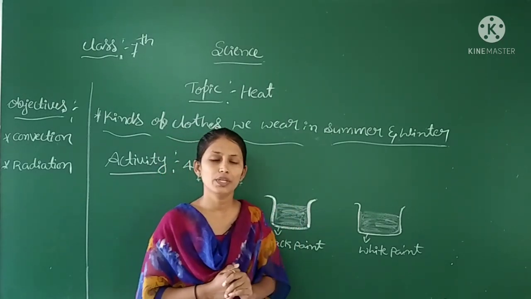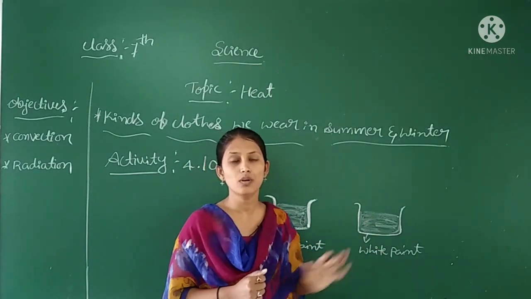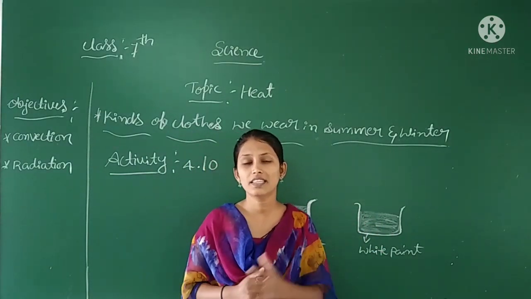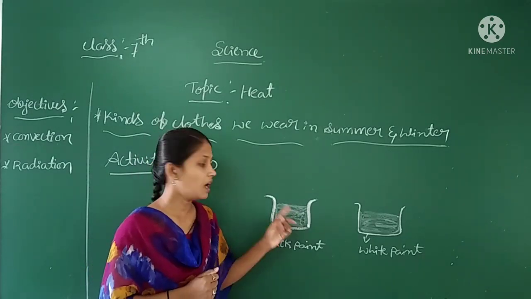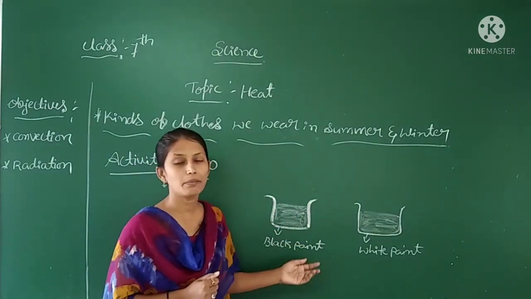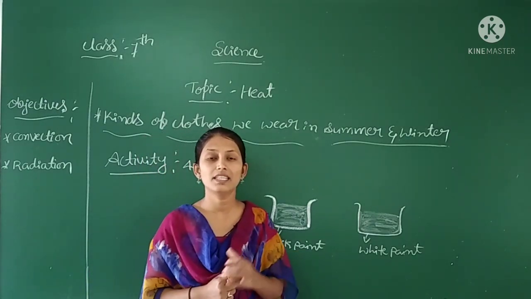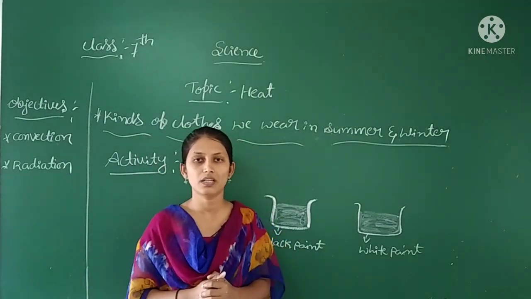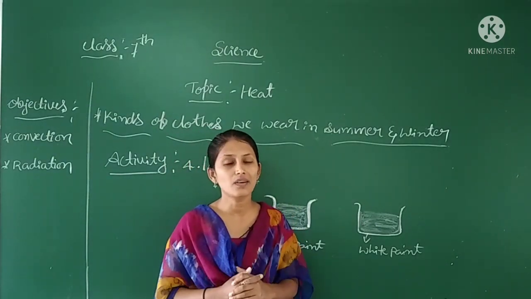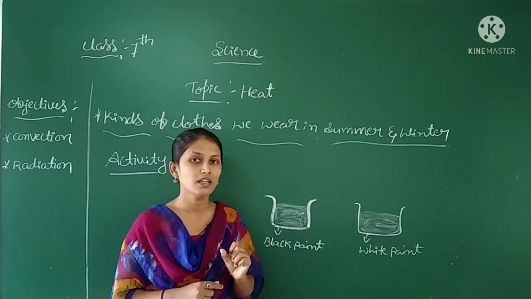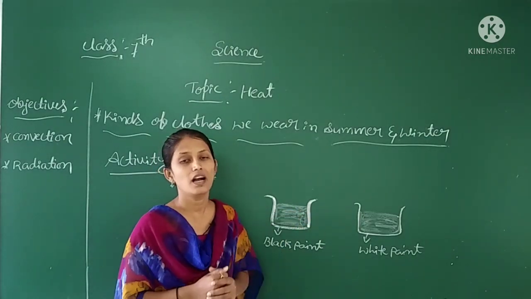Dear children, do you know why there is a temperature variation in these two tin cans? The reason is very simple. Look here. We have covered the outer surface of the tin can with black paint. As we know, black color is a good absorber. Means black color absorbs a lot of heat energy from the sun, so the temperature of this water is high.